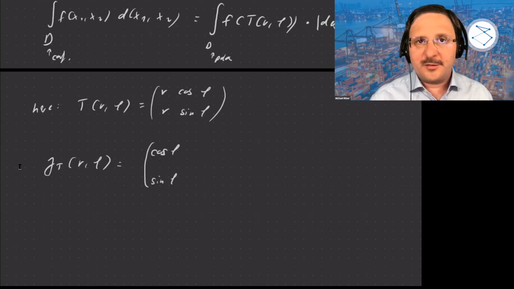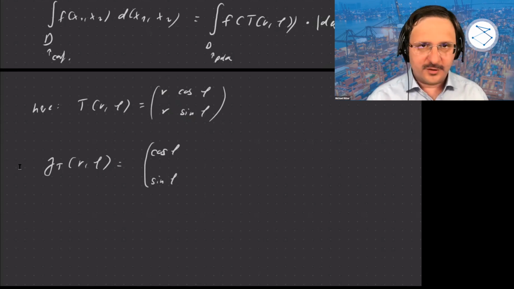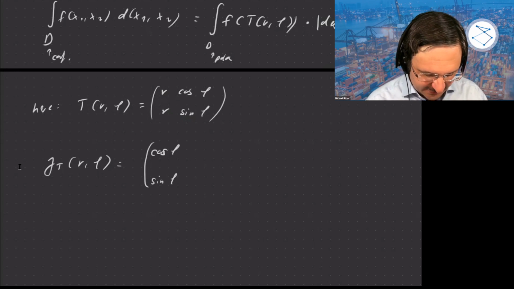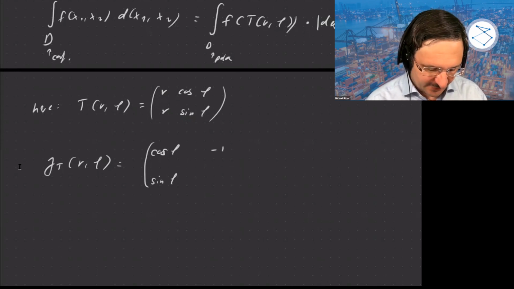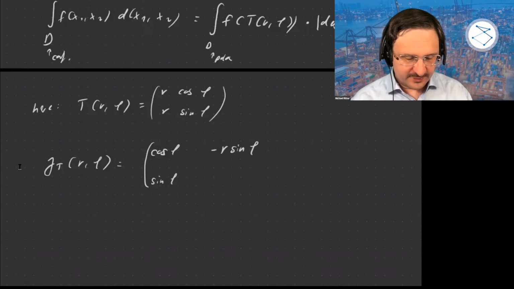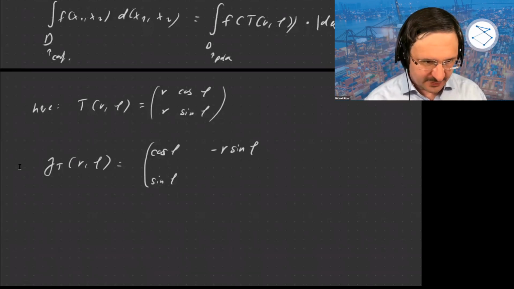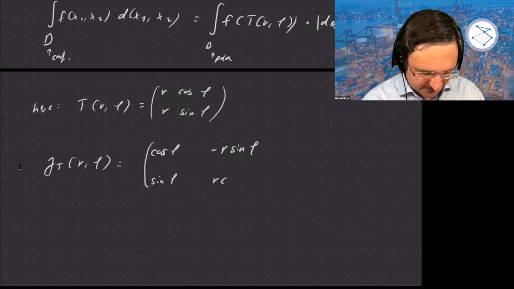And then differentiating with respect to phi, so the derivative of the cosine is the negative sine. So that means we get minus r sine of phi here. And for the sine, the derivative is the cosine. So we get r times cosine phi here.